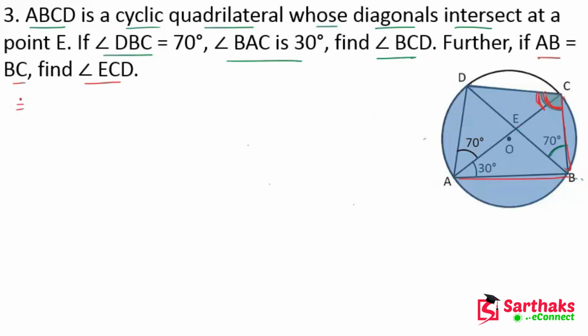Okay, so now let's start. For this segment DCBAD, you can see angle CBD, this angle, and angle CAD, this angle. These two angles are in the same segment, so they must be equal.